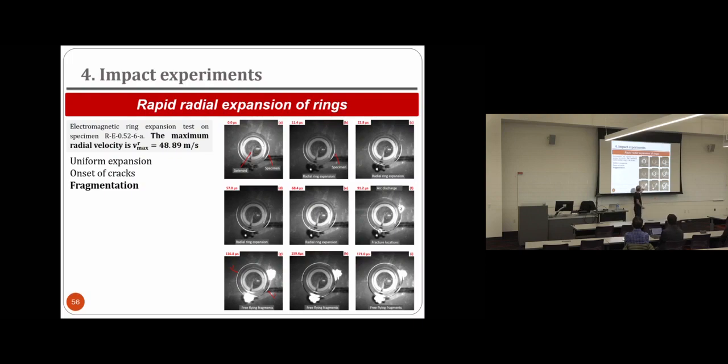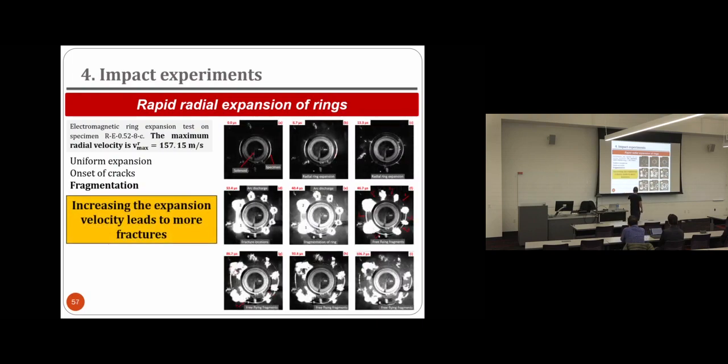So again, there are here 2 fractures, okay, and the final fragmentation. So as we increase the velocity, so this is another experiment, again, the same material. Simply, we are here imposing a larger velocity, and we can see that there are more sparks appearing because there are more fractures in the material.